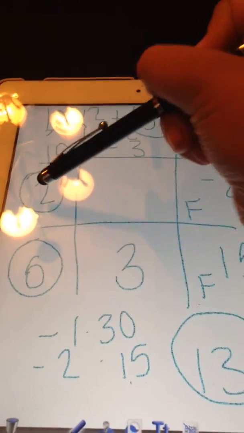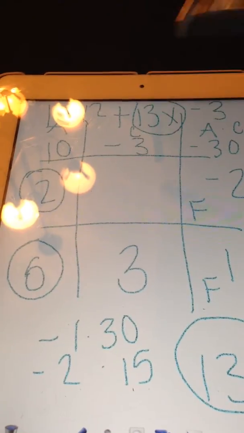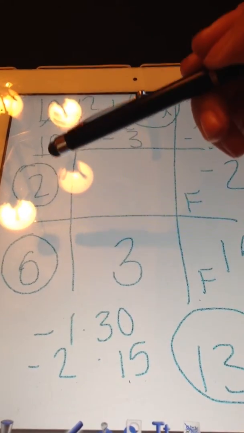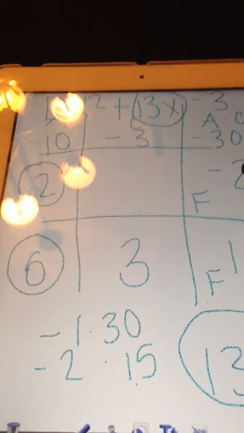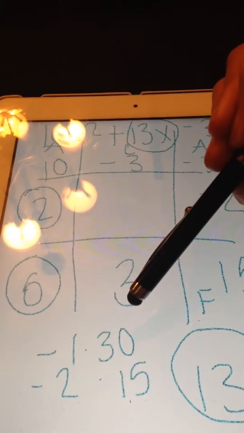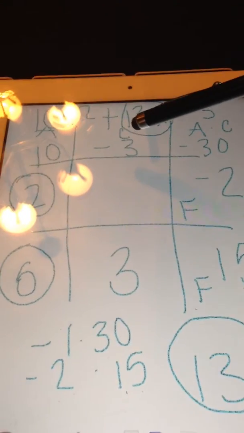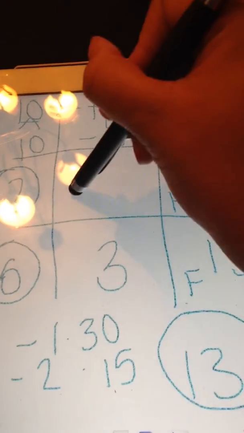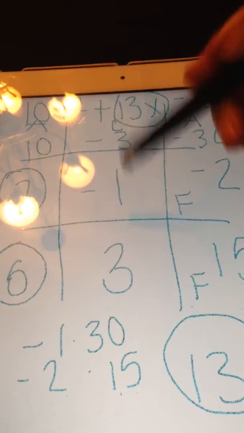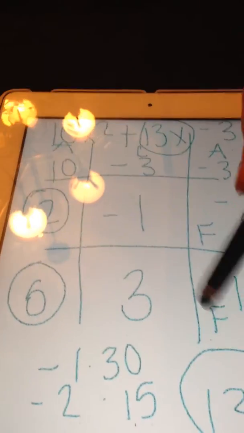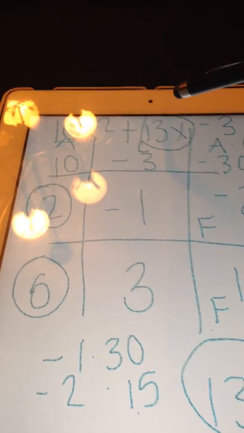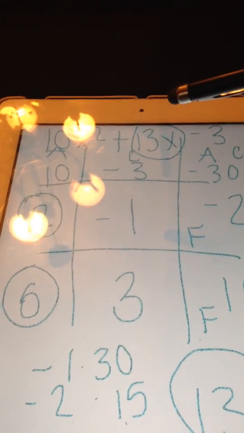So next, we have a 2 right here and a blank. So how are we going to get 2 to get negative 2? And how are we going to get 3 to get negative 3? Well, we're going to put a negative 1, because 2 times negative 1 equals negative 2, and 3 times negative 1 equals negative 3. So now we're going to put this into a formula form.